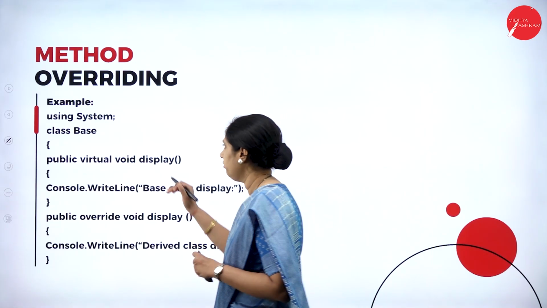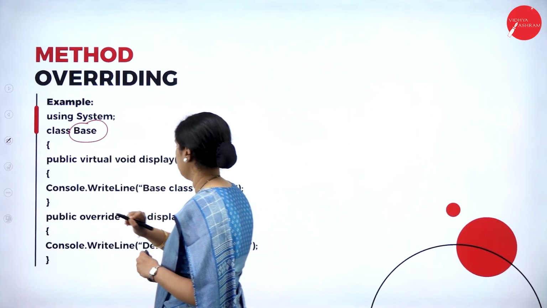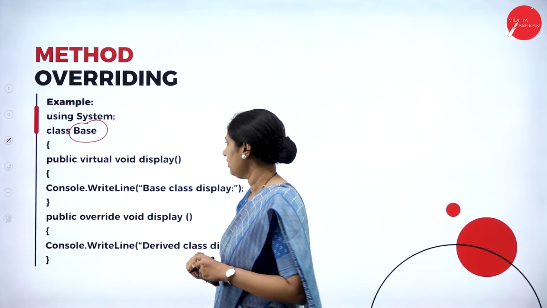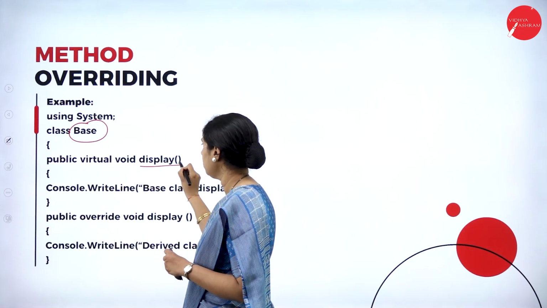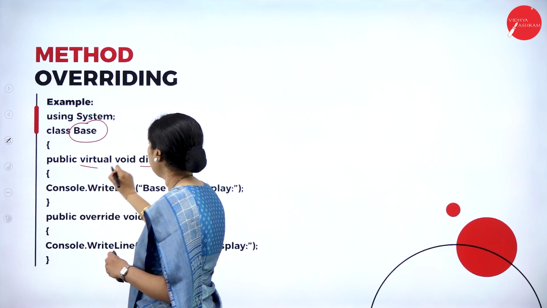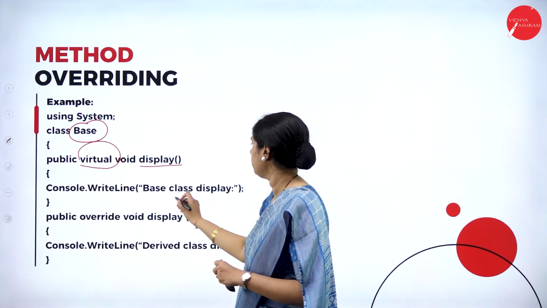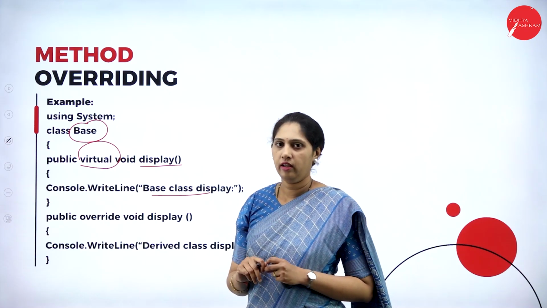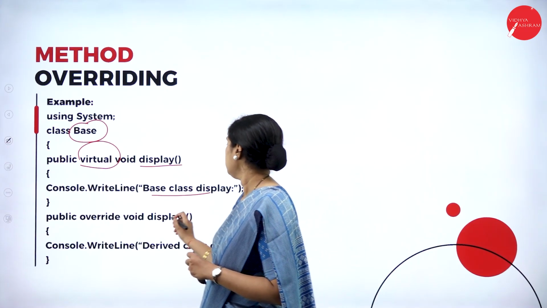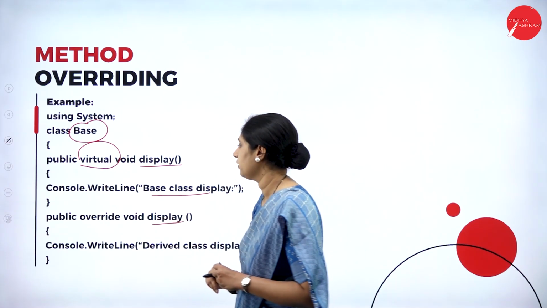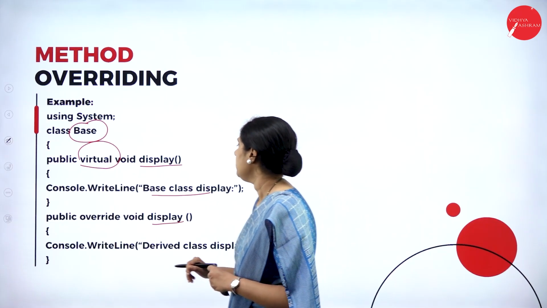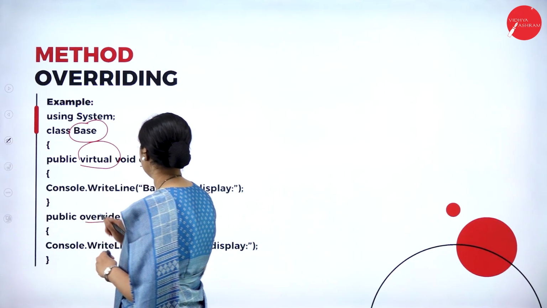Then we'll have this example. So we know this is a base class, right? In the base class, we had a function display. And what keyword do we have to use? Virtual. Just a Console.WriteLine statement is there, base class display. Then there is another display function. We say override.